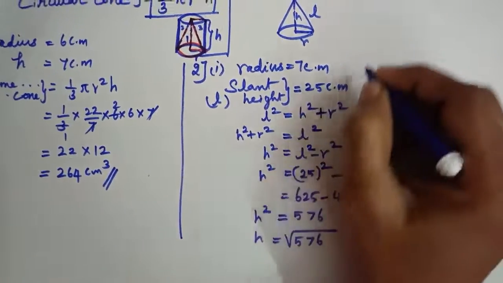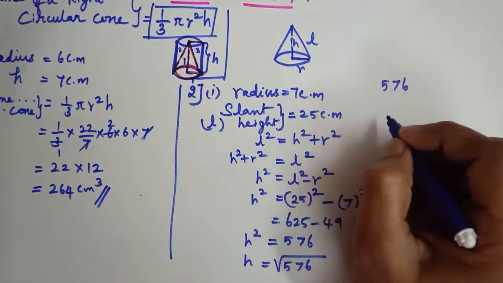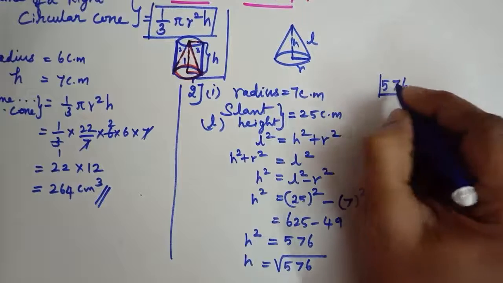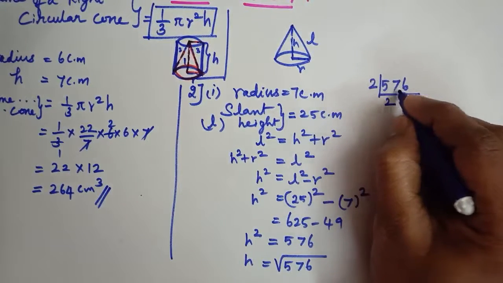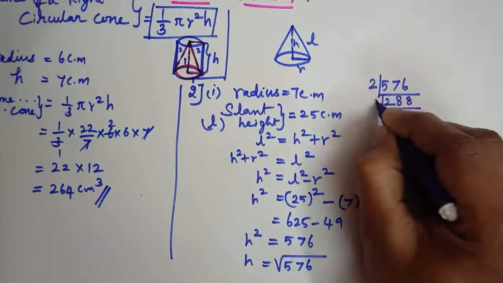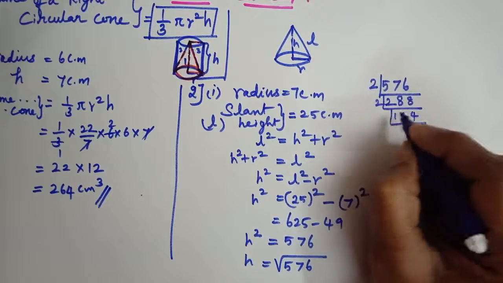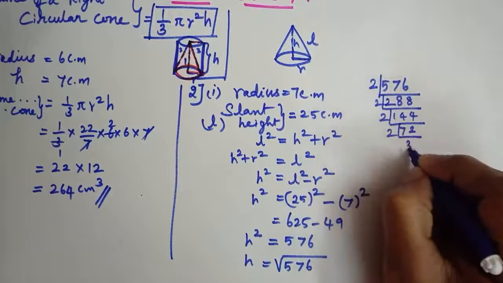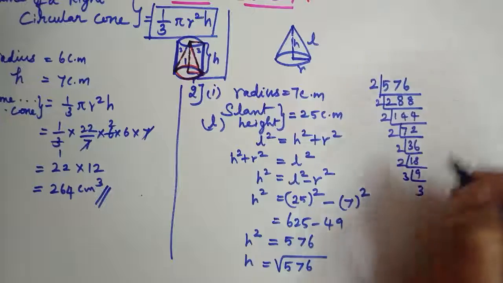How do you find it? Students, listen, this is very easy. If you don't know the root of 576, then you can take the division method. This is an even number, so simply take 2: 2 2s are 4, 17, 8 2s are 16, another 16, 8 2s are 16, then 2 1 4 4. You can directly put 12, or otherwise you can keep dividing by 2: 72, then 2, 36, 2, 18, 2, 9, 3, 3.